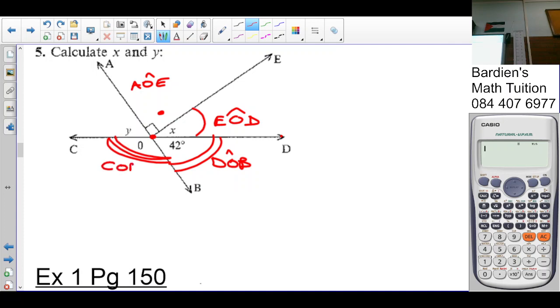C, O, B, or B, O, C. What would this angle here be? C, O, A, or A, O, C. You guys understand? This is why they put those letters around. Okay. Also part of the reason why.